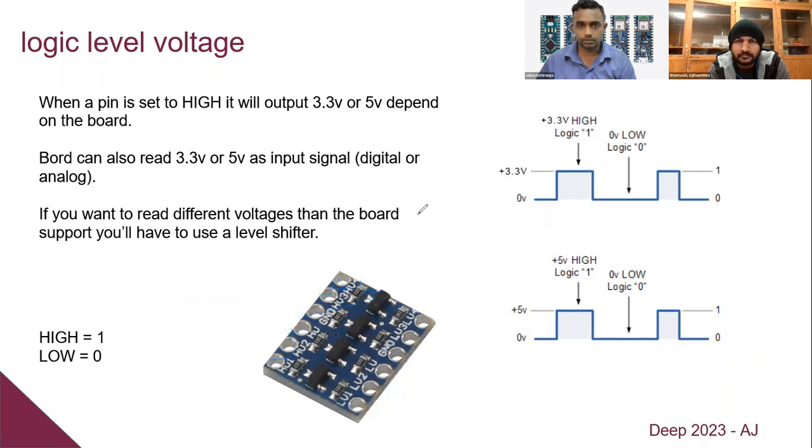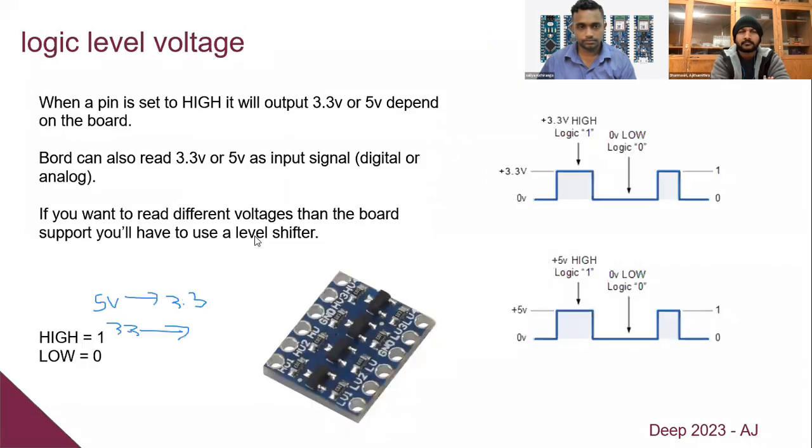Now we have to find a way to convert these voltages to a matching state. So we will use a logic level shifter. The logic level shifter will convert 5 volt to 3.3 and 3.3 volts to 5 volt.